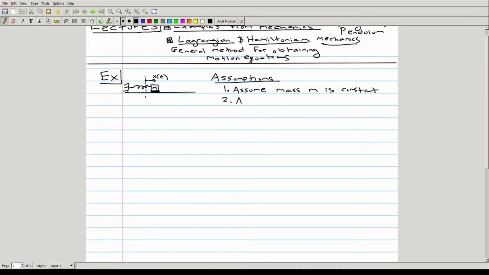We'll assume no friction, so no air resistance, or resistance due to whatever surface the mass is sliding on.